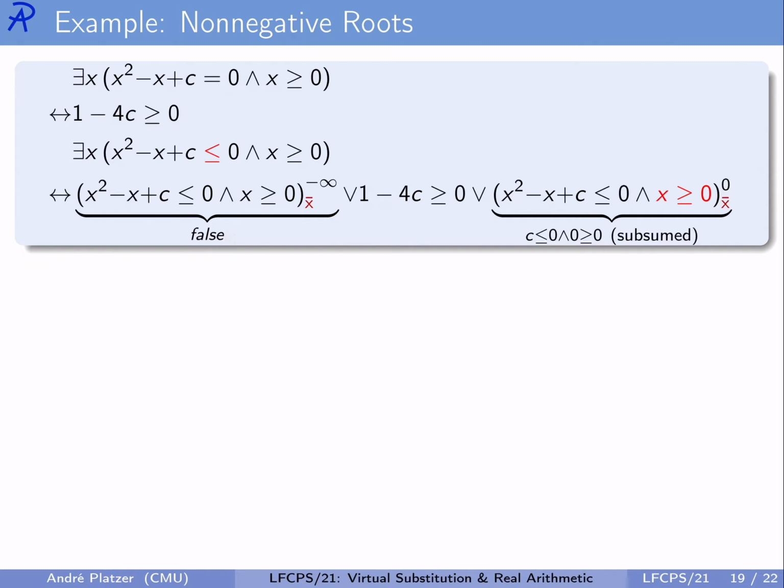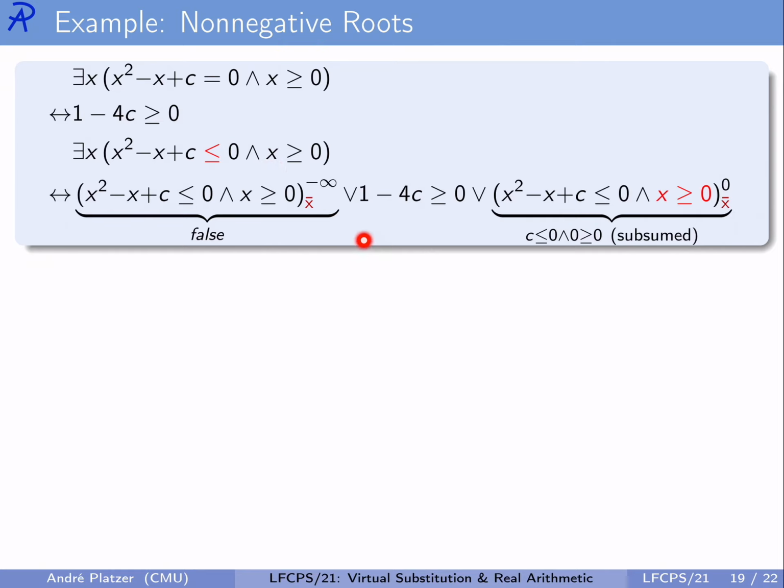And remember, in the theorem of virtual substitution, we take the disjunction of all the solutions of all the polynomials, including also that polynomial here. And from that polynomial, x, the solution is, of course, 0.